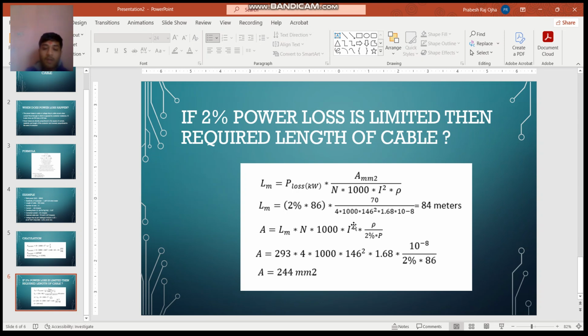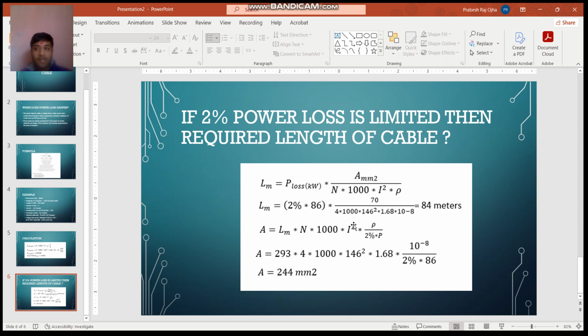This is one of the standard practices to have 2%, and being limited with the constraint of 2% power loss, we get the area of the conductor as 245 mm square. So when selecting cable we should opt for greater than that, which is standard available in the market.